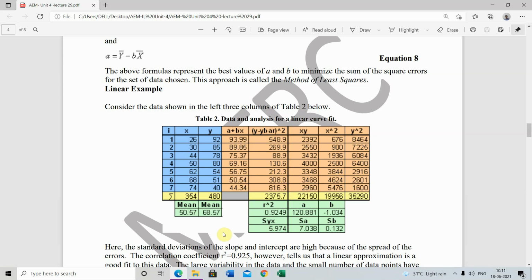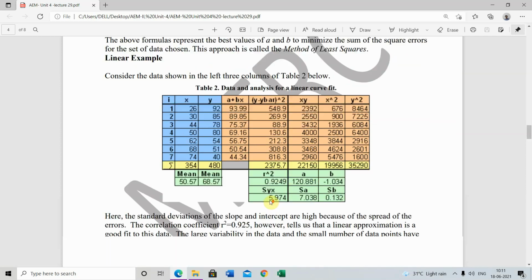These are the columns, and we find the means of all the values of x and y. Then y bar minus b x bar, summation xy, summation x square, summation y square. This way we find the different summation values.